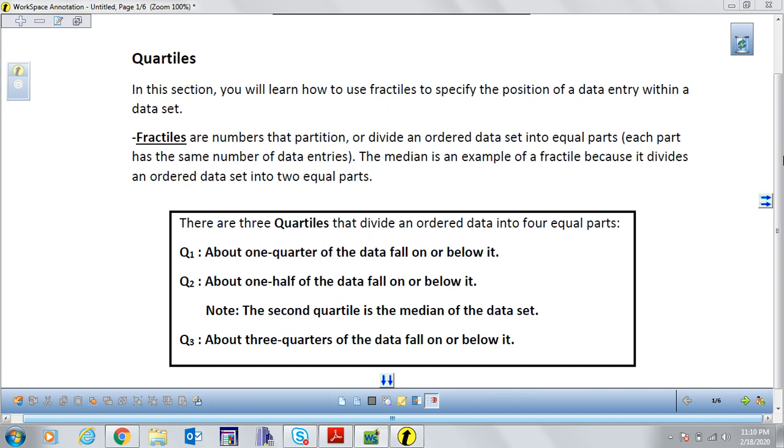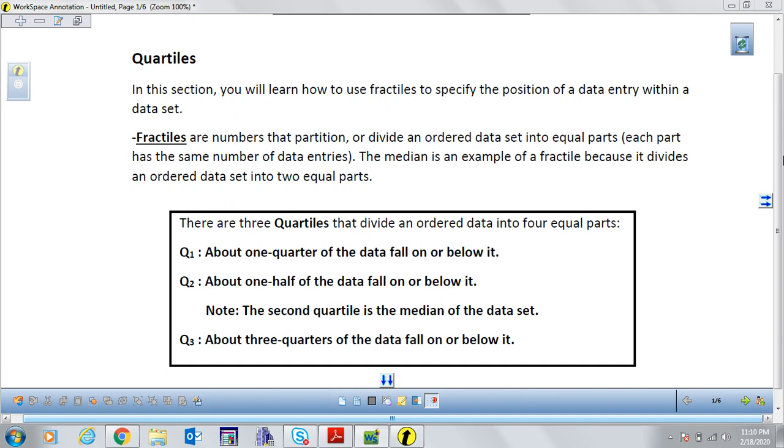The second quartile, or Q2, contains about 1/2 of the data that fall on that number, or any value that is below or less than the actual number that is Q2.